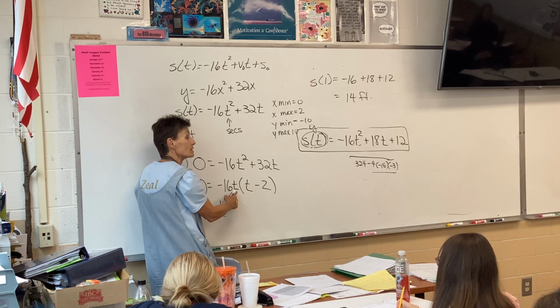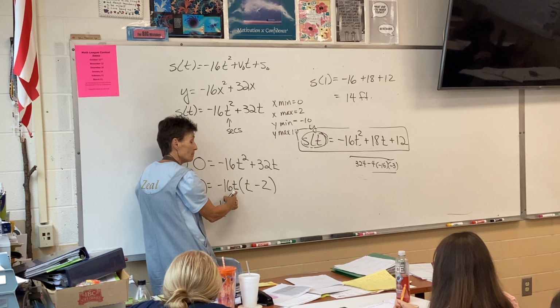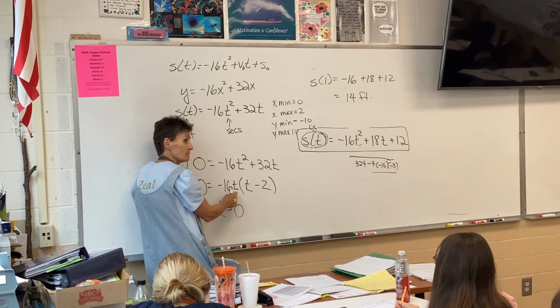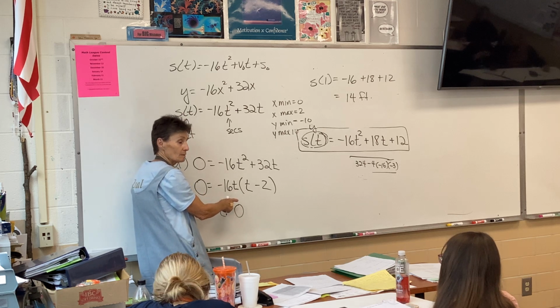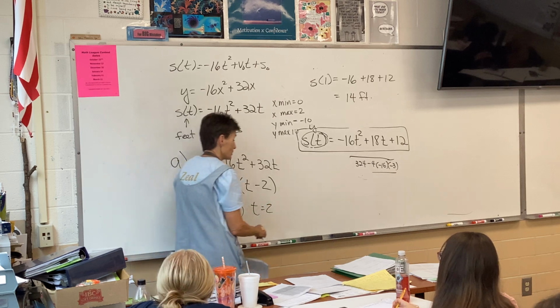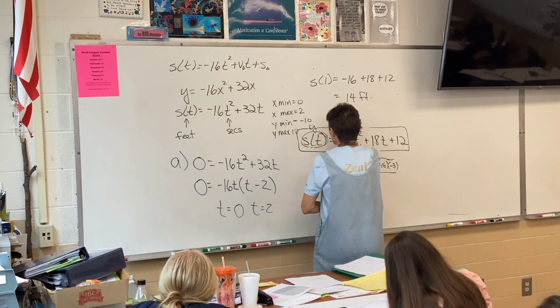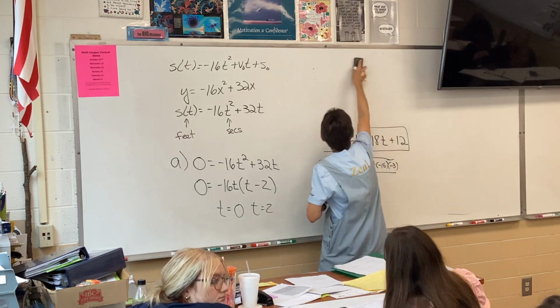T equals plain t, 0. Remember, when it's a plain t, it's 0. We did that yesterday on the number line. And the other one is t equals 2. Does that even make sense?